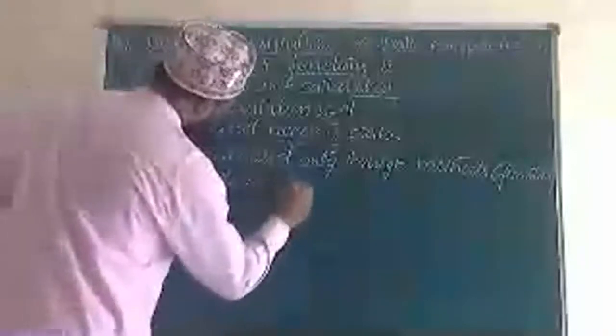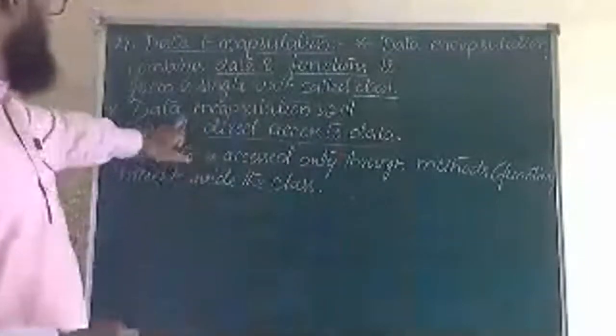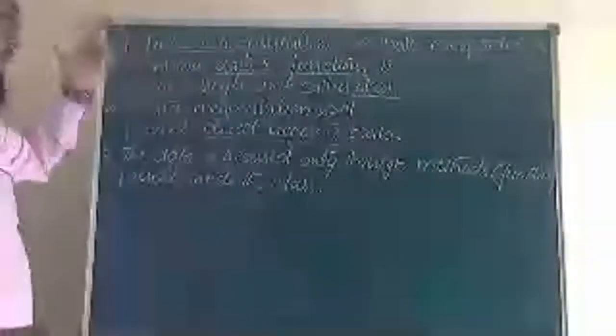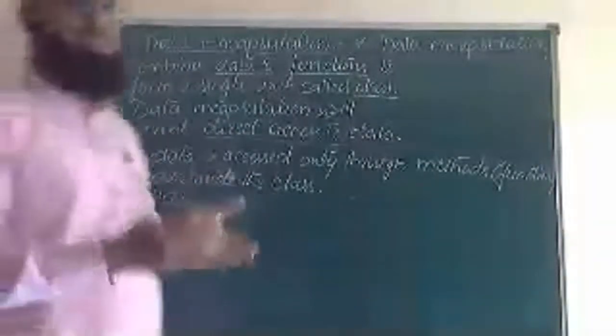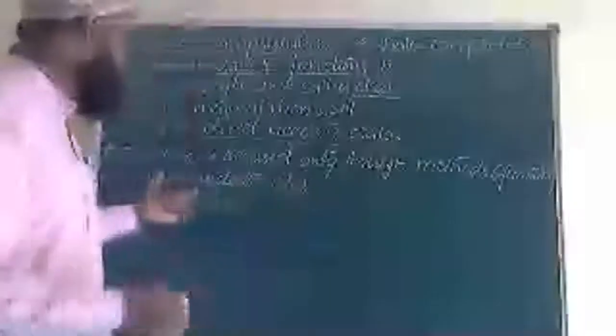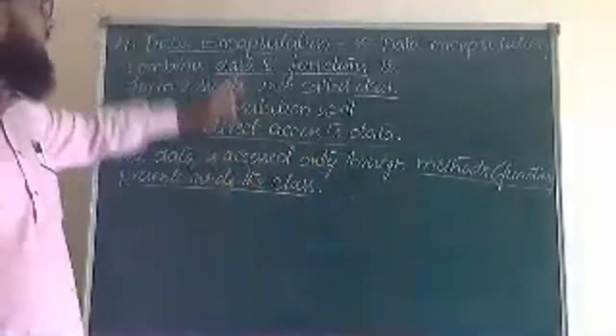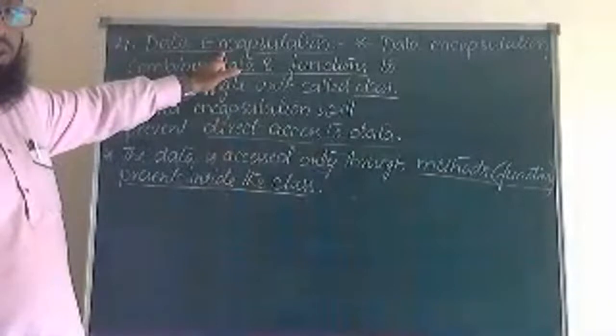See here, data encapsulation will prevent direct access. How can data be accessed with the help of data encapsulation? Through the member functions that are present under the class. With the help of the functions, the data can be accessed in the class, because it avoids the direct accessing of data.